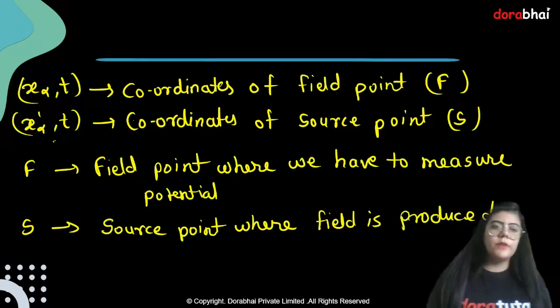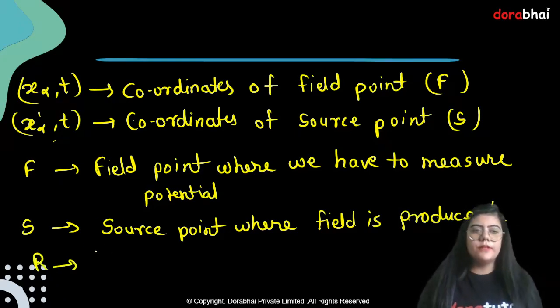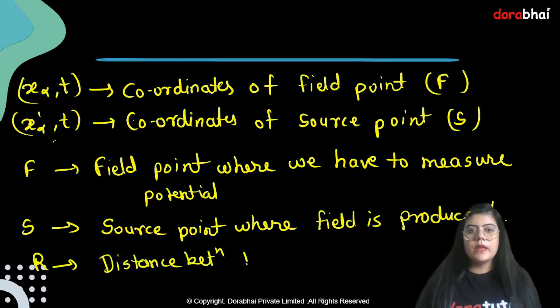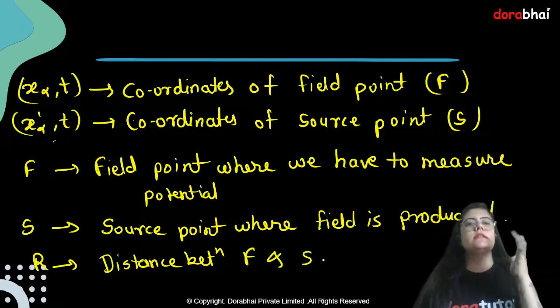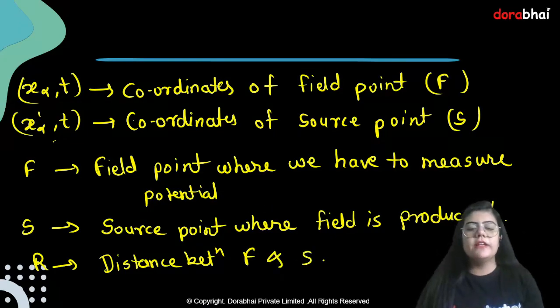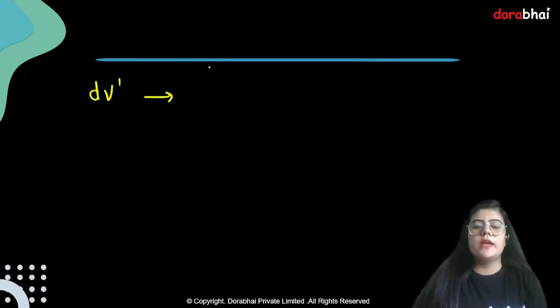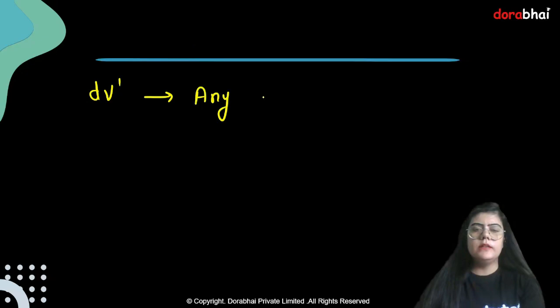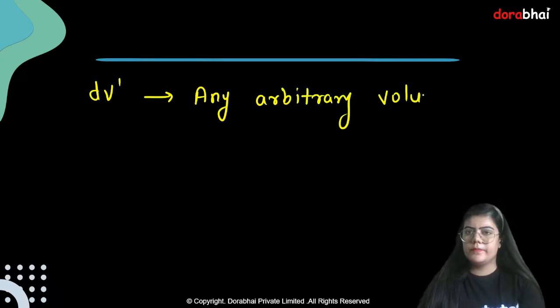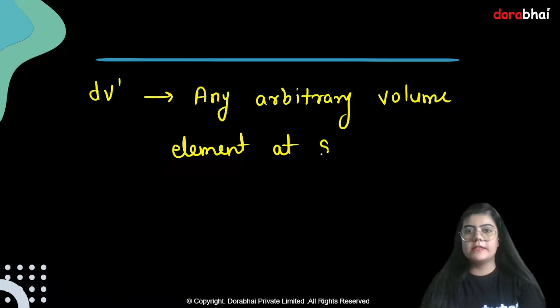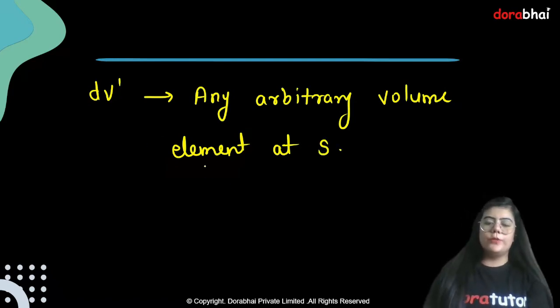Here our field is getting produced and R is the distance between F and S. So R is the distance between F and S. Now dv dash will be, let's write it down here, any arbitrary volume element at the source point, that is at S. This will be our volume element.